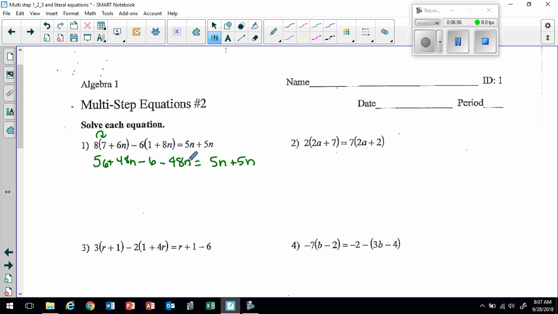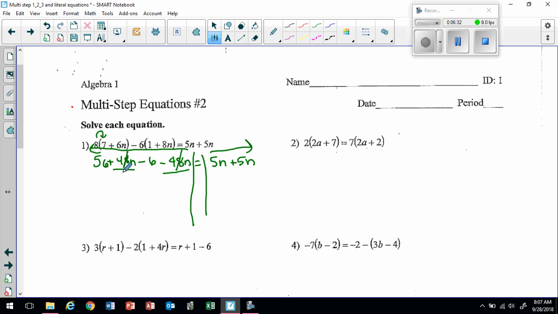Guess what we're going to do? You can only combine like terms on the same side of the equation. So anything on this side you can combine, or anything on this side you can combine. So let's start with this. What can I combine? I have a positive 48 and a negative 48. If you were to push in your calculator 48 plus negative 48, what happens?